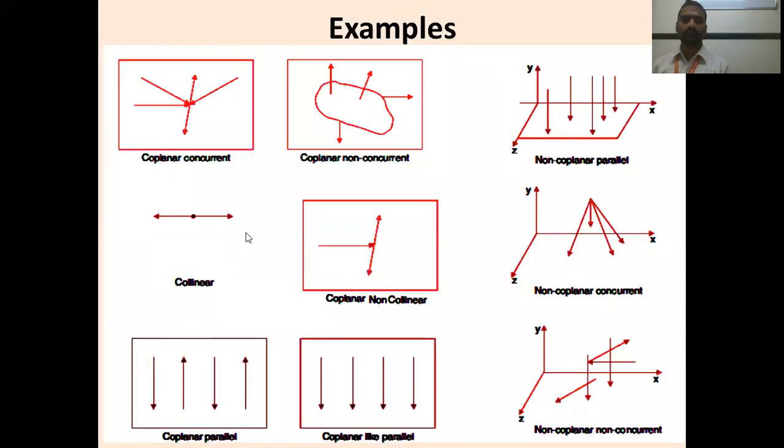This is the figure. One force is acting in this direction, another force in this direction, and if you consider one more force in this direction, but all the lines of action are in the same line, then this is called a collinear force system.